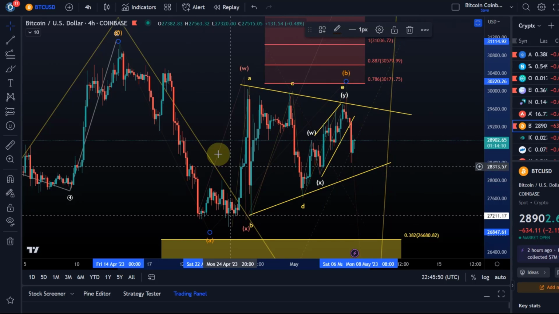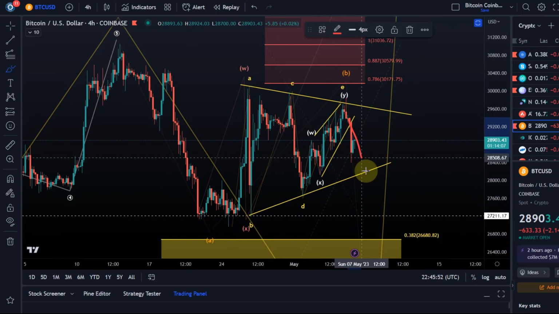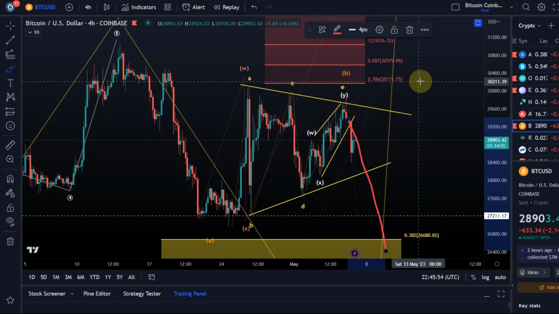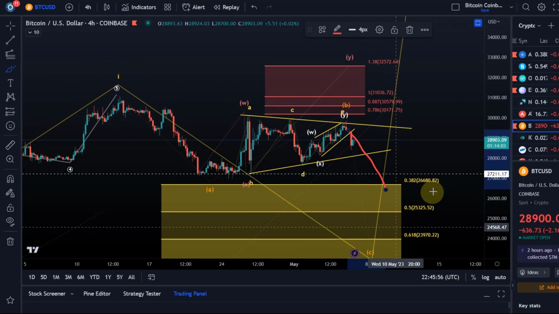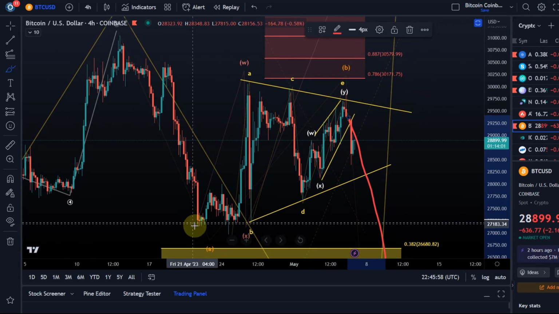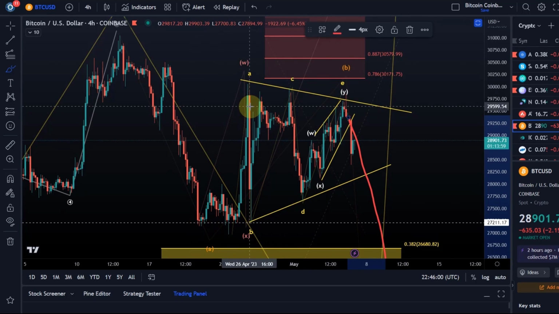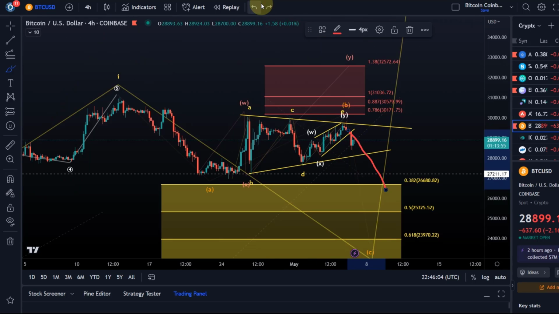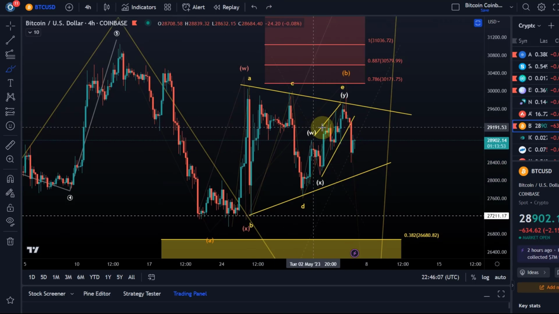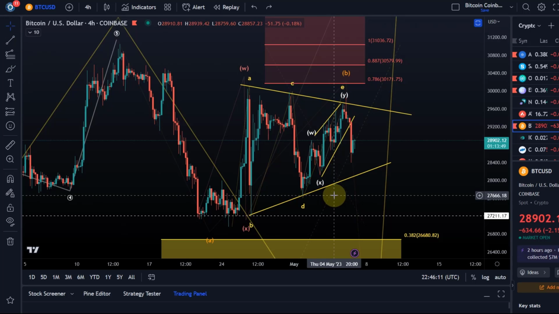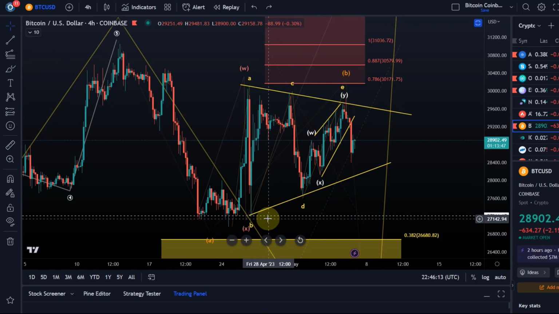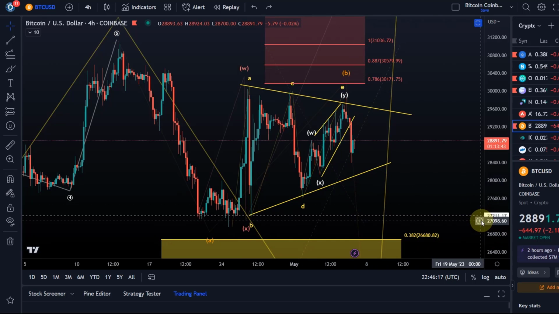Within the triangle then, two options. So either we break down straight away, because we have a triangle count complete, A, B, C, D, E. What can happen, and I highlighted that in the last few videos, is that this triangle can extend until we really get a breakout, and the breakout here into the expected direction would be down below 27,210.